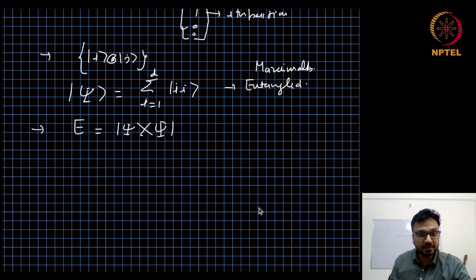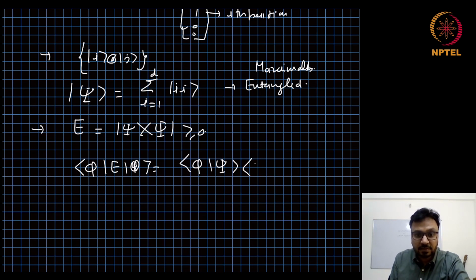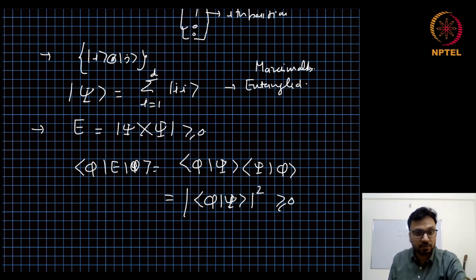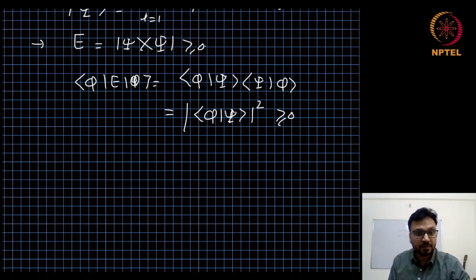We can see that it's a positive operator because, for any phi, <phi|E|phi> will be <phi|psi><psi|phi>, which is |<phi|psi>| mod square, which is a positive number or 0. So in that way, E is a positive operator.